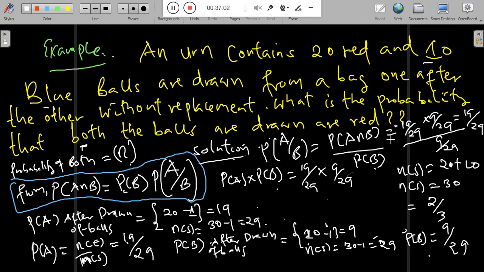So after finding the probability of A given B, now it is possible to analyze from our equations.